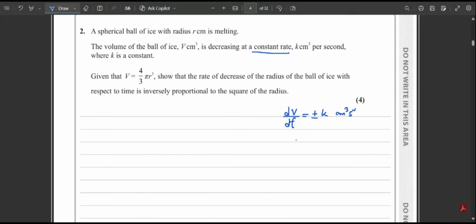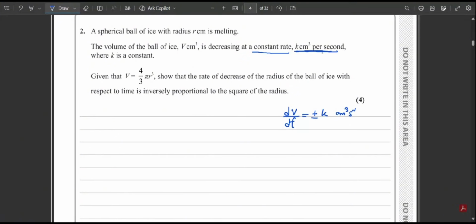The reason why it is plus and minus is because we need the dv by dt to be negative. We know that the volume is decreasing per unit time. It is not increasing, it is decreasing per unit time. What this means is that dv by dt would be negative. But what we are told in the question is that the constant rate is k centimeter cube per second.